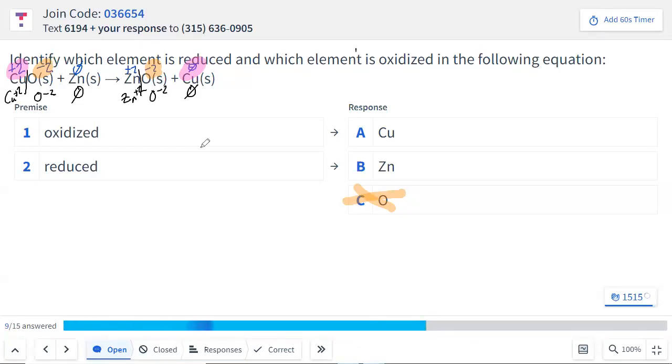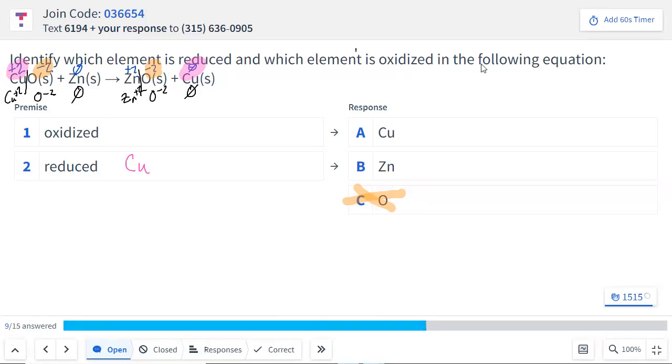Getting a decrease. It's going less positive, so it's getting more negative, which means it has to be adding electrons. So the gain of electrons is, everybody together now, reduction. So that would mean that the copper is being reduced.